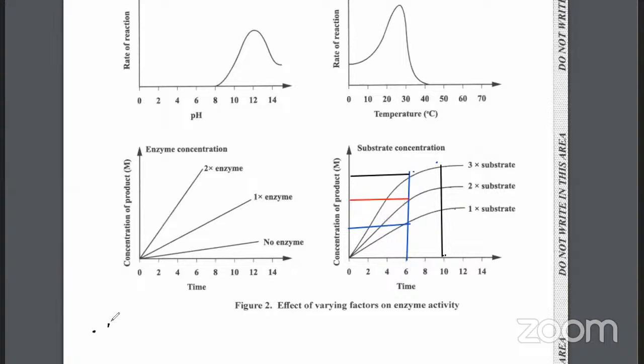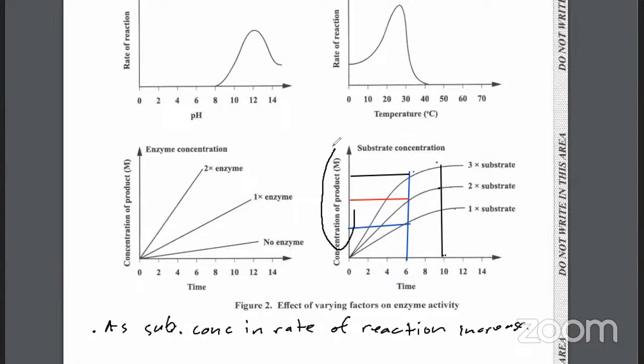So we already know as substrate concentration increases, the rate of reaction increases. We know that, and you can state it. Rate of reaction increases. Then you come to the graph. It's clear that as the concentration of the substrate increases, the rate at which the product is produced increases.